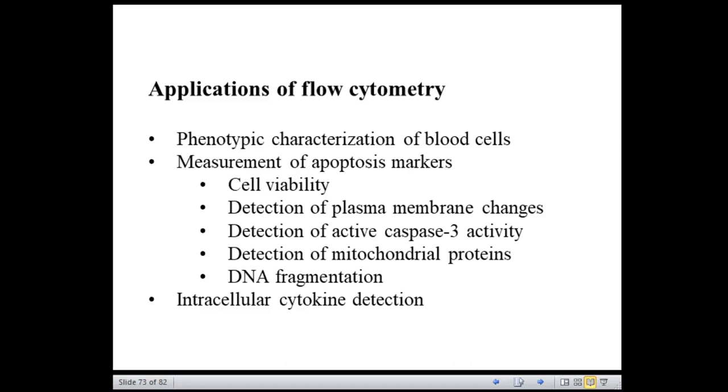Then after fixation and permeabilization, the fluorescence conjugated antibody for a target molecule is added to the cells, and finally the labeled cells are processed for analysis by flow cytometry. So it is a simple approach to detect intracellular cytokine levels.